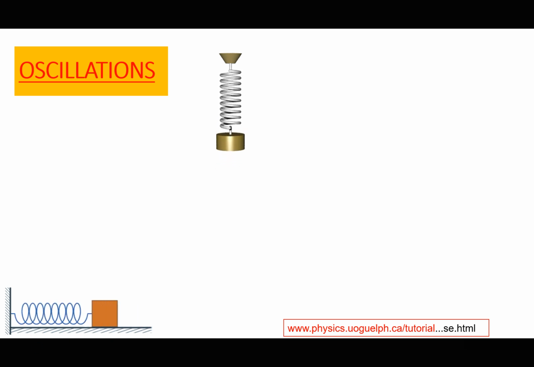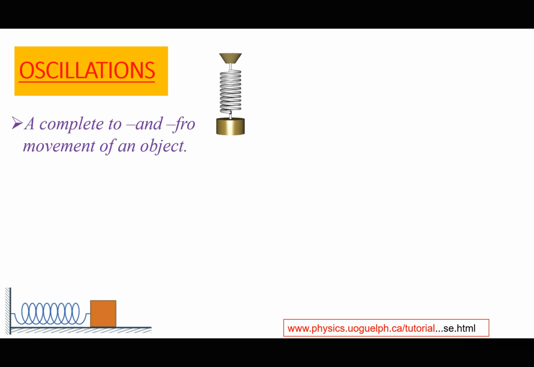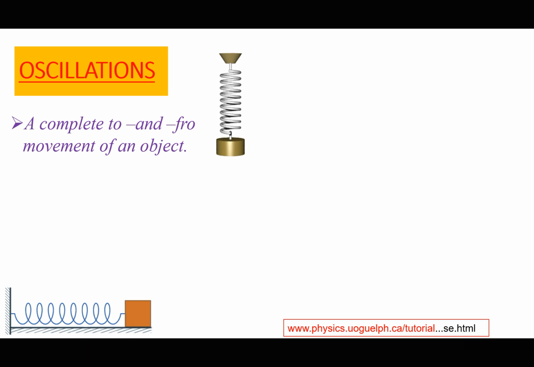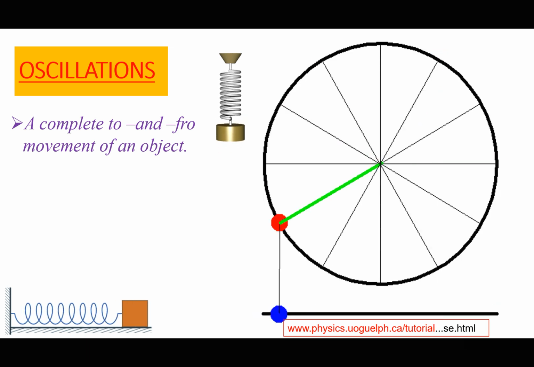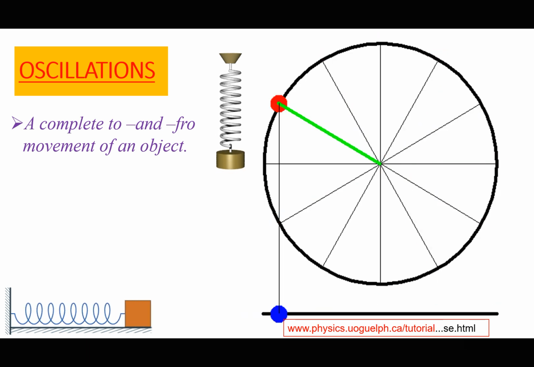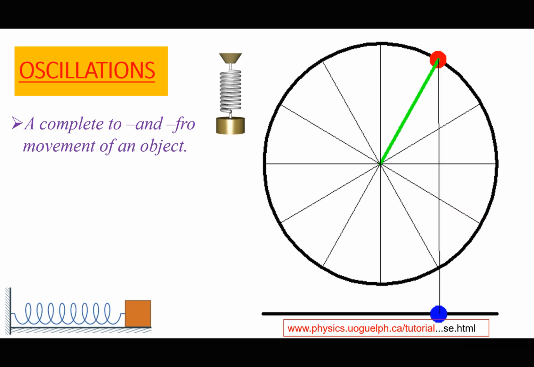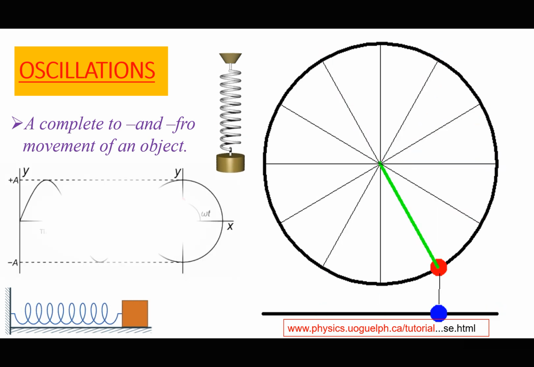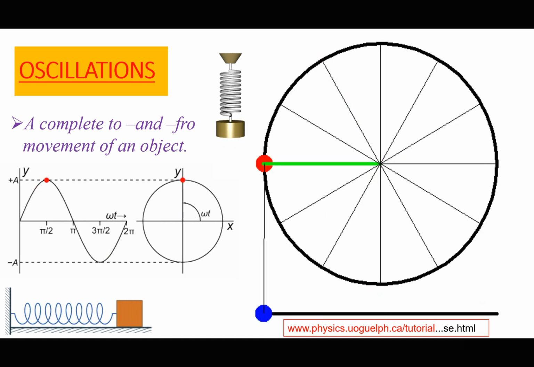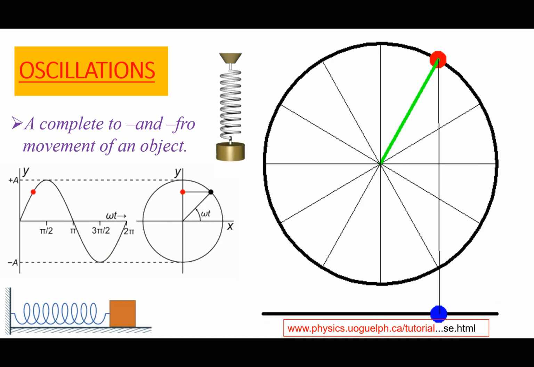Therefore, an oscillation is a complete to and fro movement of an object. So in an exam, you can define an oscillation as a complete to and fro movement of an object.